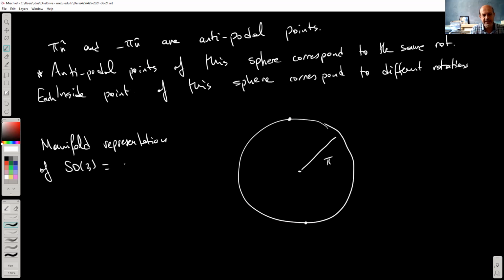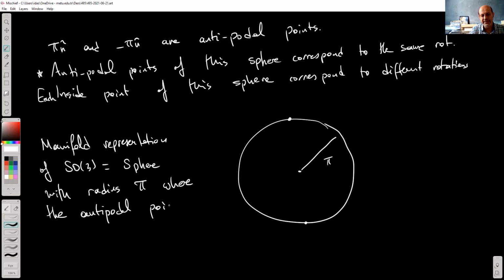So let's say it like this. This is a sphere with radius pi where the antipodal points at the surface are identified.